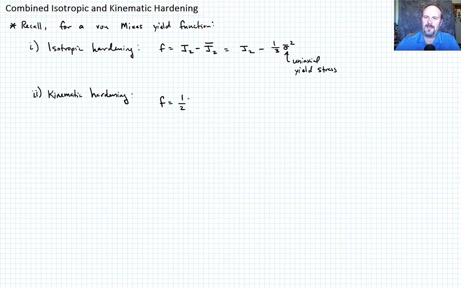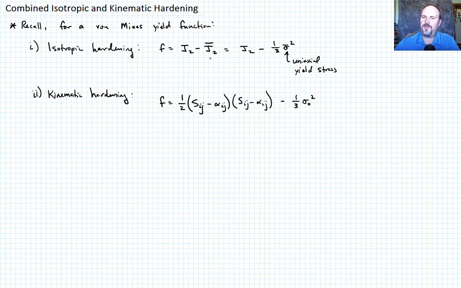So the kinematic case shifts that. So it's Sij minus alpha ij, where alpha was the back stress tensor, you'll remember. So that's the equivalent of J2 as we're shifting it. And then we could just say minus 1/3 sigma naught squared now, right? So this quantity remains constant. It doesn't change.